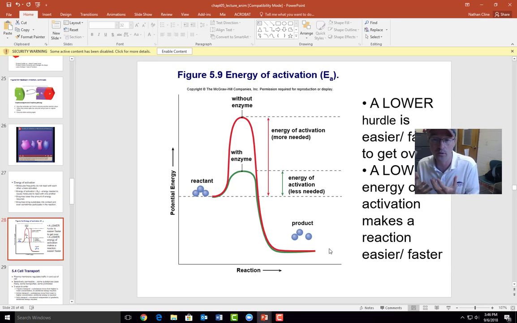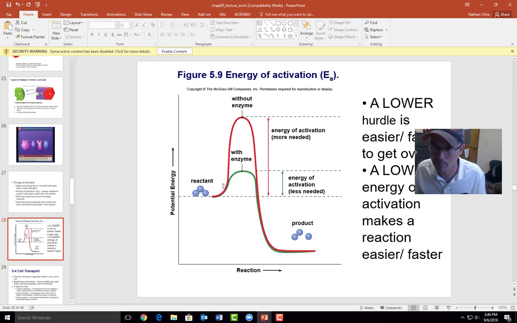For instance, why do we, when we walk down the street, not spontaneously combust into a zillion pieces? We have stored energy in our cells. There's stored energy that could be released, but why don't we just spontaneously combust? That's because this activation energy is too high for that to occur.